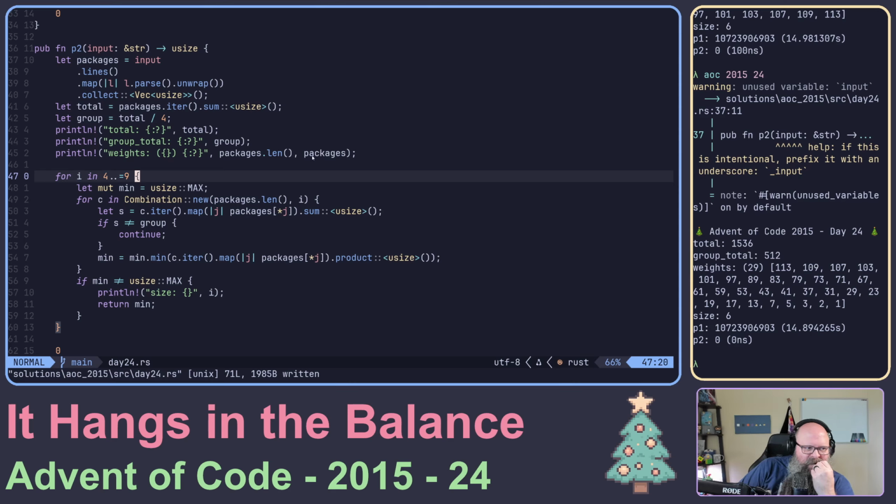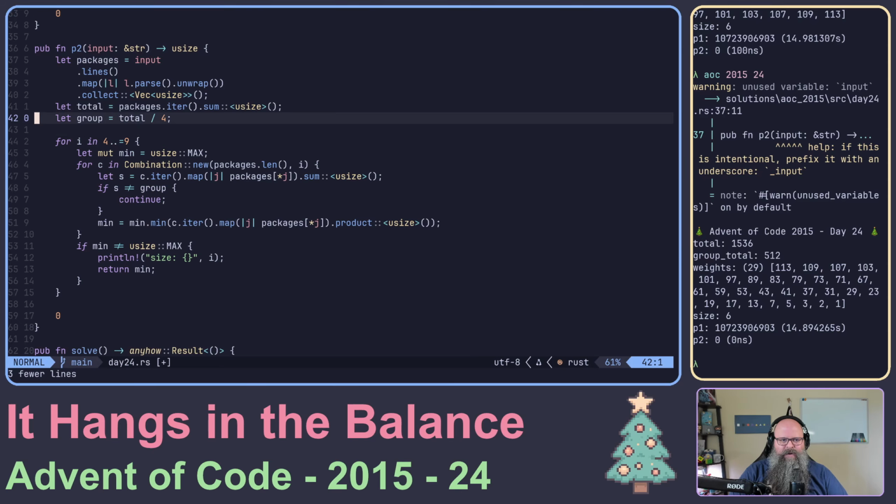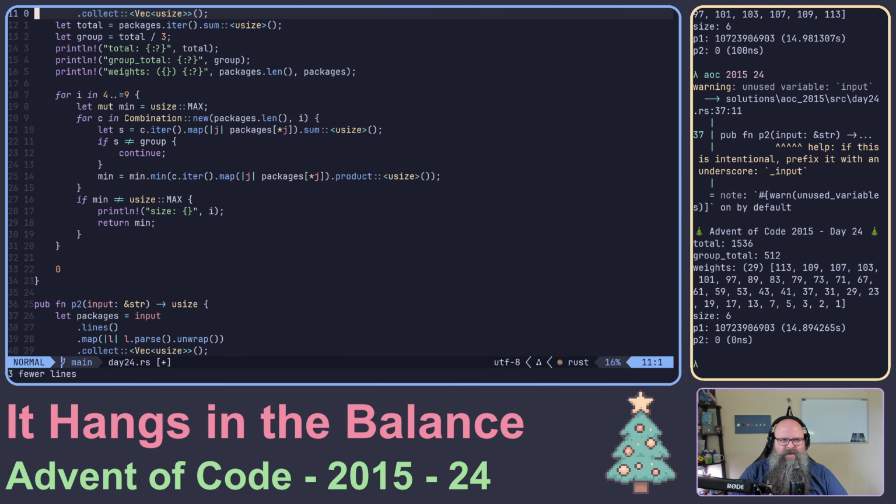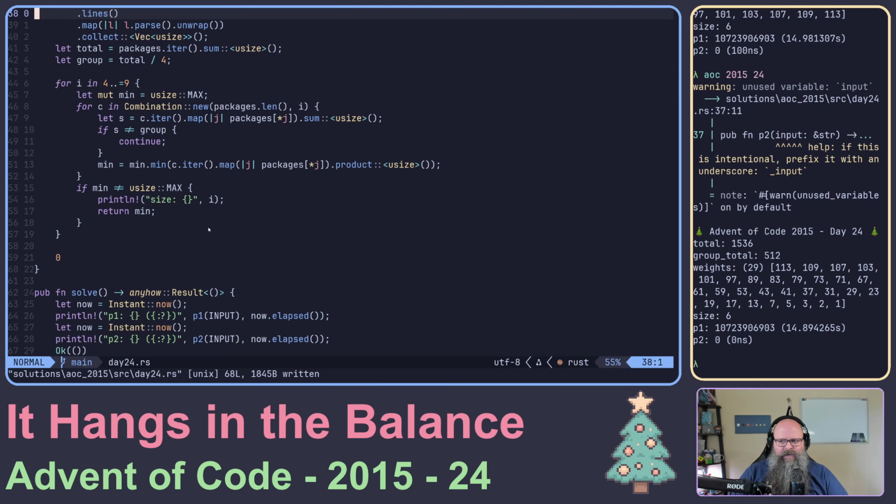Divide by 4. I think you still start at 4, but this potentially won't go to 9 anymore. I think this is going to solve it, so I'm not inclined to worry about it too much, but I'll leave those in there just so we can see how we did part 1.